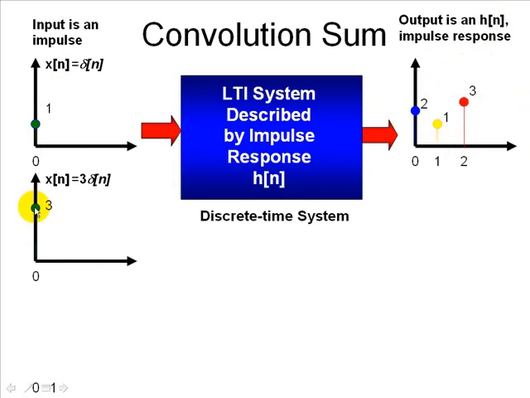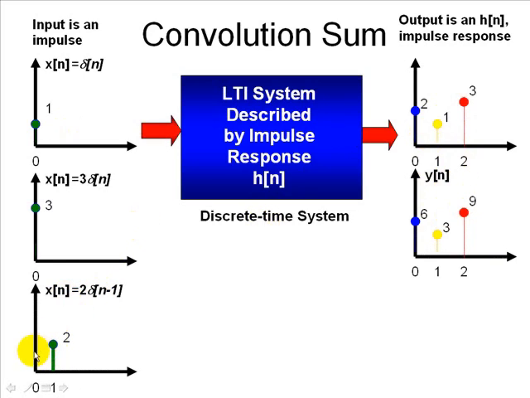Now if I triple my input, our output should also be correspondingly increased by 3. So where there's a 2 here, there's a 6, and 1 becomes 3, and 3 becomes 9.